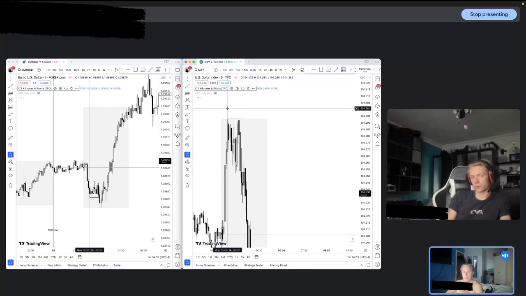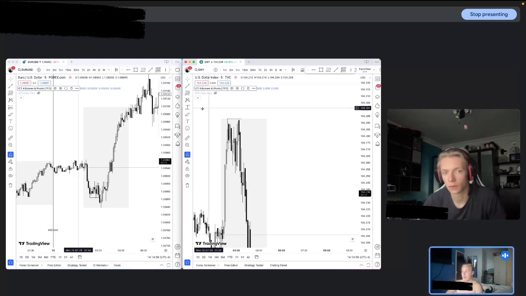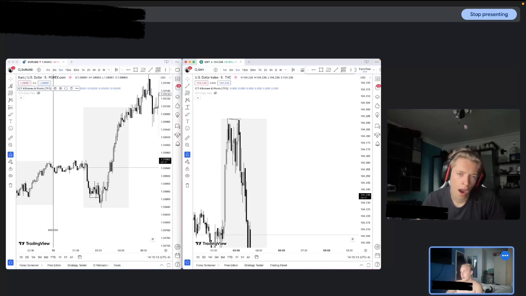You're looking at the bottom. This high was made, which means this low was made. At 3:10, DXY didn't sweep it, and the euro did. So if we just had an SMT turtle soup strategy, there would be our entry.